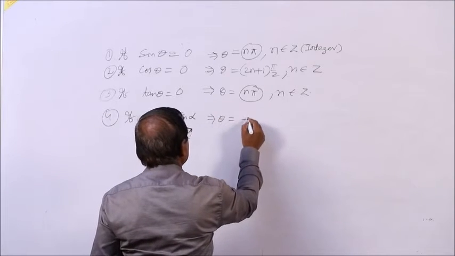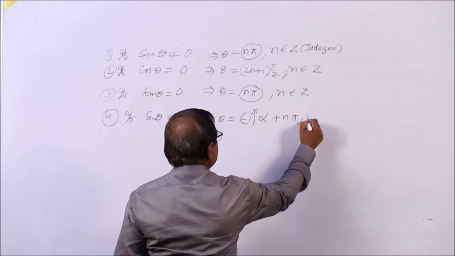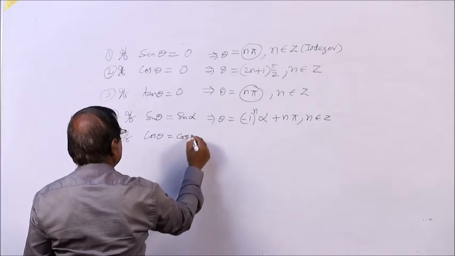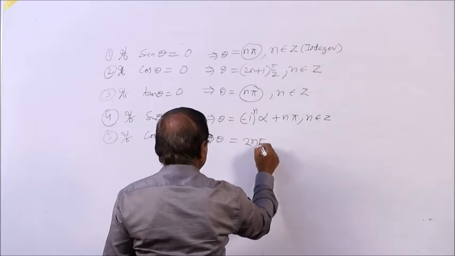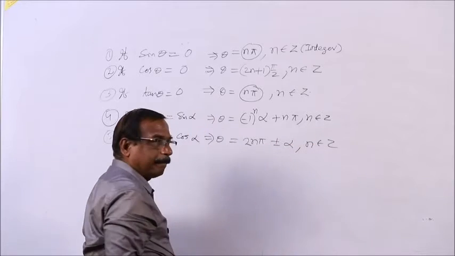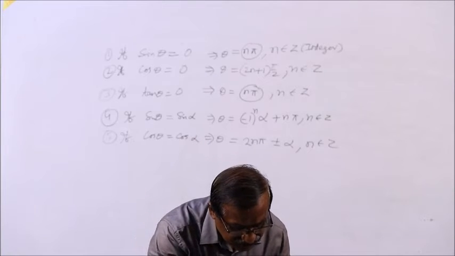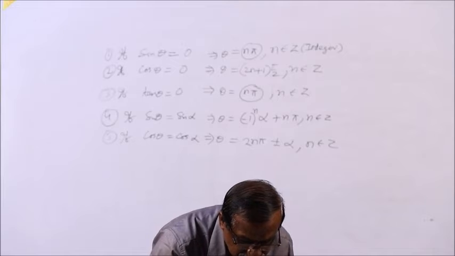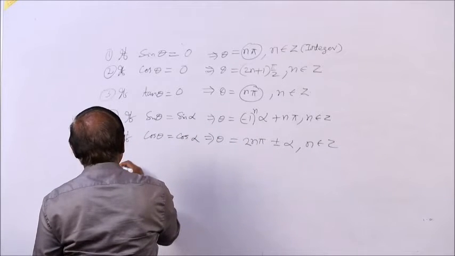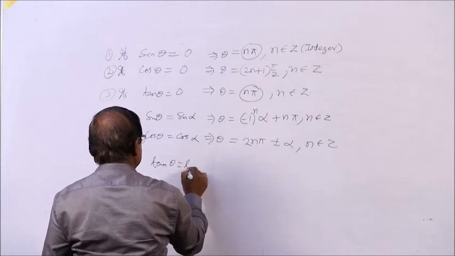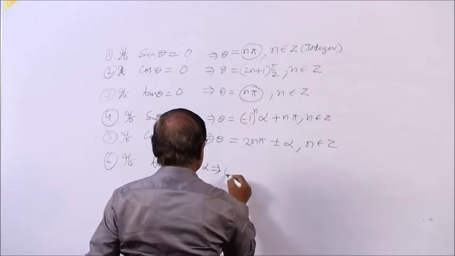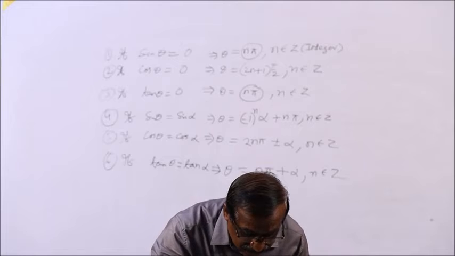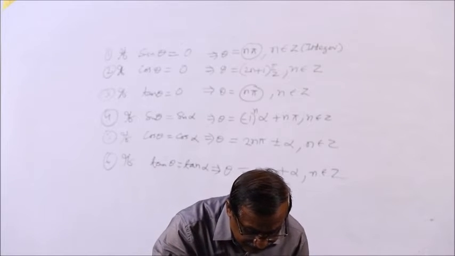That implies theta is equal to minus 1 to the power n alpha plus n pi, n belongs to Z. If cos theta is equal to cos alpha, theta is equal to 2n pi plus or minus alpha, n belongs to Z. If tan theta is equal to tan alpha, that implies theta is equal to n pi plus alpha, n belongs to Z. Now, these are the formulas. We will solve some problems relating to this.